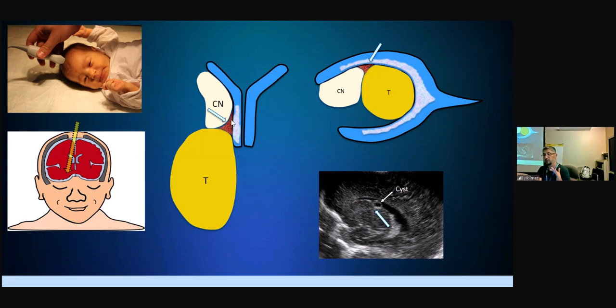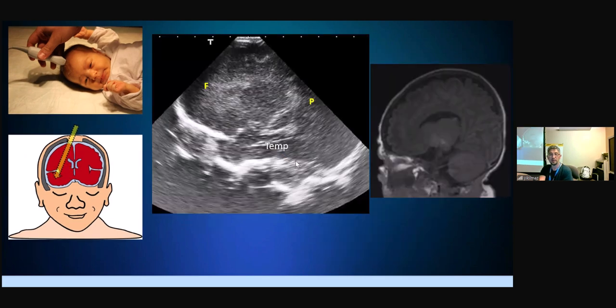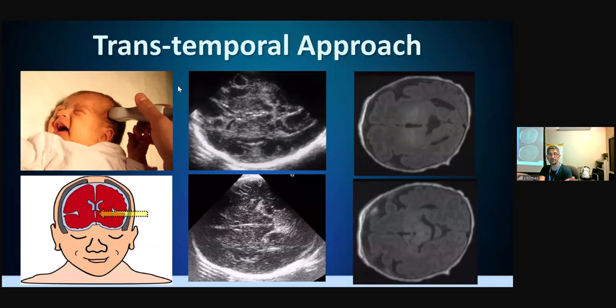This involutes around 32 weeks of age, and it's larger before that. But after 32 weeks, we don't have it most of the time, and we don't see germinal matrix hemorrhage. That's why it's more common in the preterm infants. And this is the temporal lobe, frontal lobe, parietal lobe, MRI correlation, and some more images for the transtemporal approach.